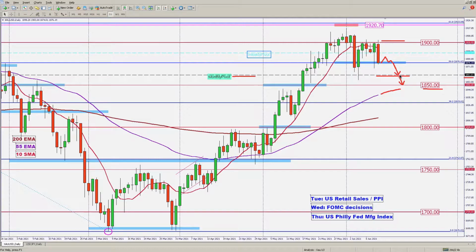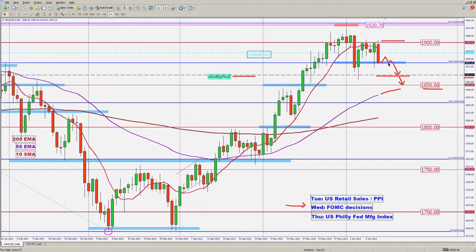But we'll see how it reacts next week, because there is the key Federal Reserve meeting and decisions, and if there's any policy changes, that could be a key driver.